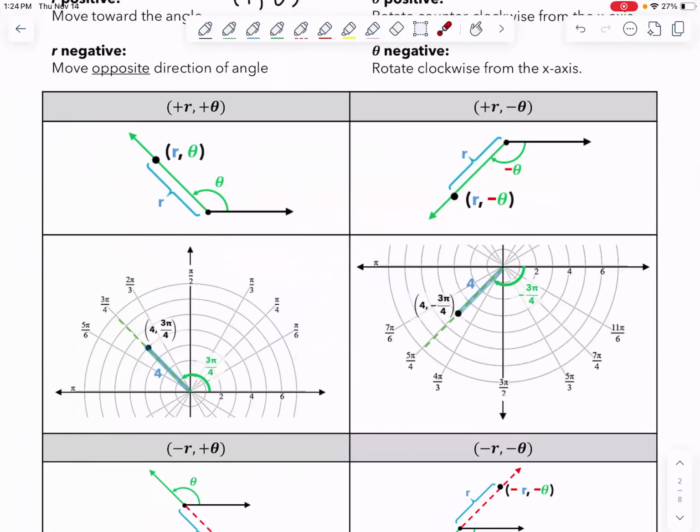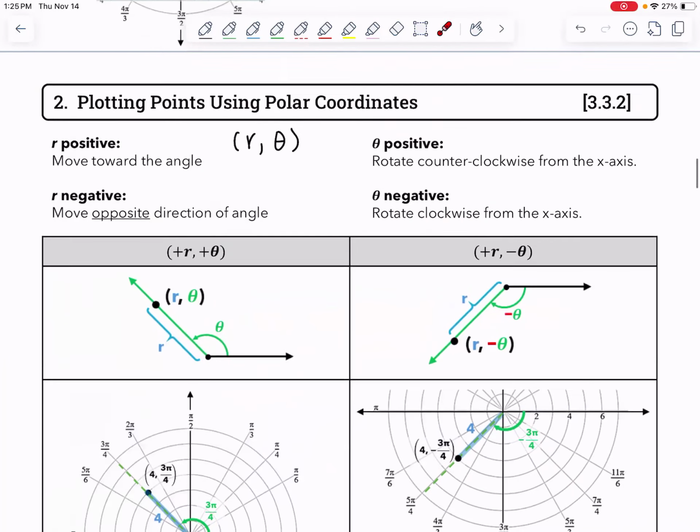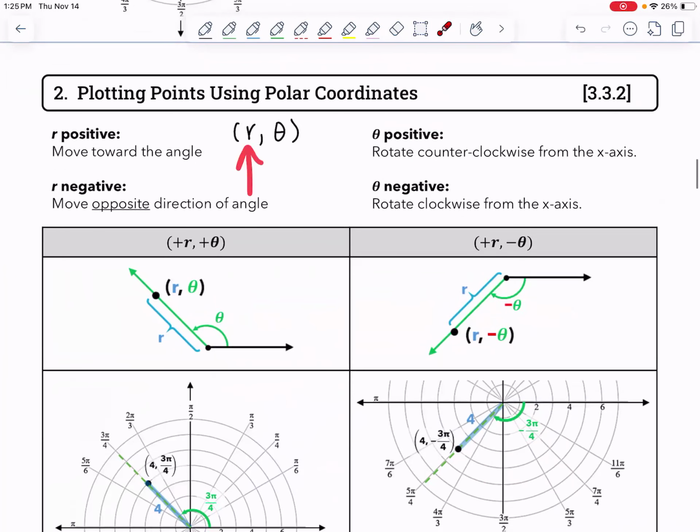There's a few things that can happen here, and I want to talk about them before we even try to plot points. And it's the fact that either of these numbers can be positive or negative. And we need to know what to do in the case of it being negative versus positive. So with theta, this works the way it's always worked.